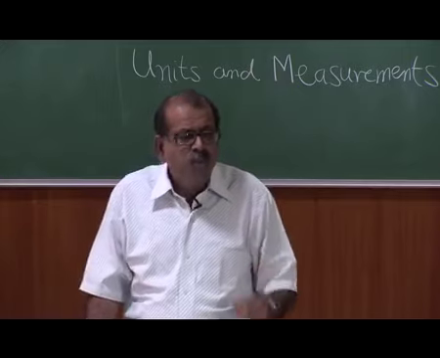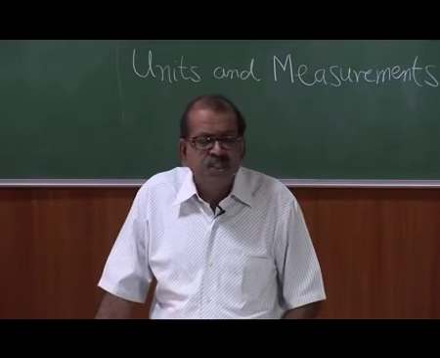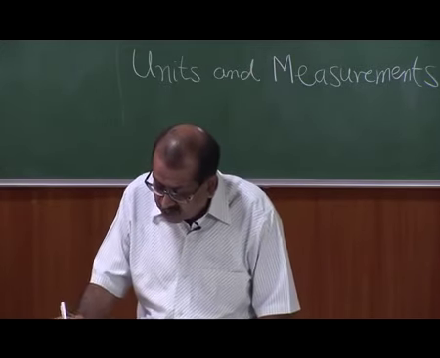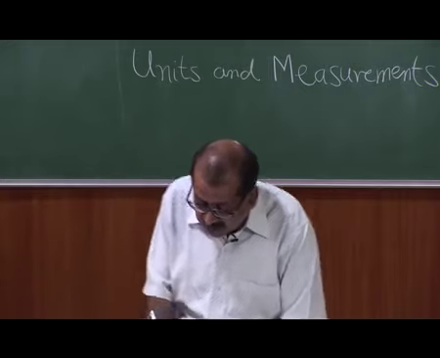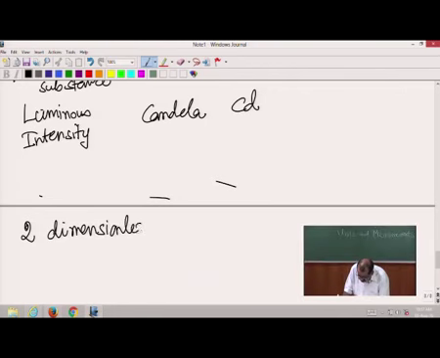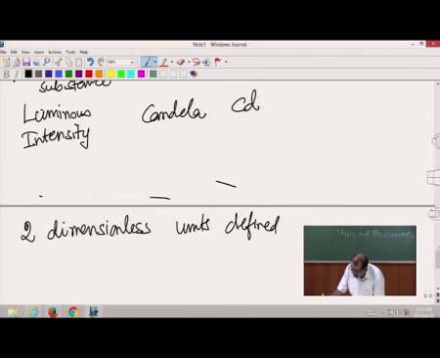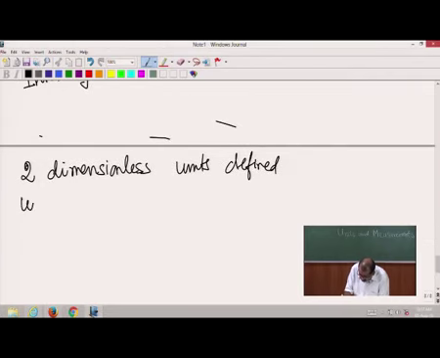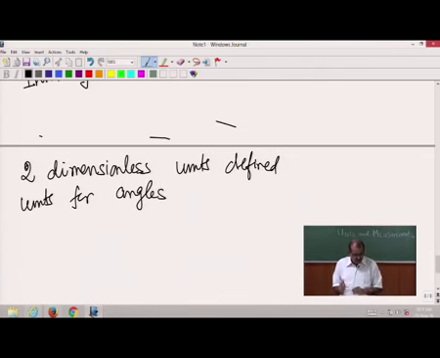Now, there are two more units which we define, which do not have any dimensions. So, there are two dimensionless units which are defined, and these are units for angles.